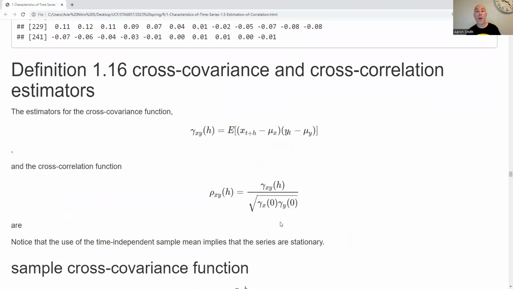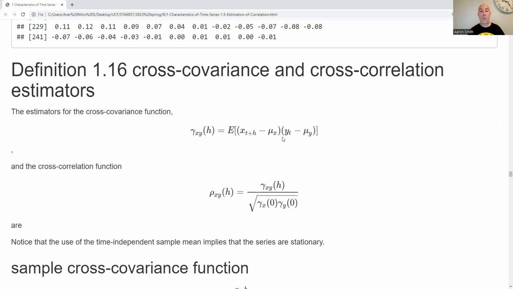All right, now let's talk about cross-covariance and cross-correlation estimation. When I have cross-covariance, cross-correlation, I'm interested in two separate time series, and I want the correlation or the covariance between one time series and a lagged, shifted version of the other one. So we're going to take one of our time series and say, hey, you stay put. The other time series, we're going to shift by the right amount.